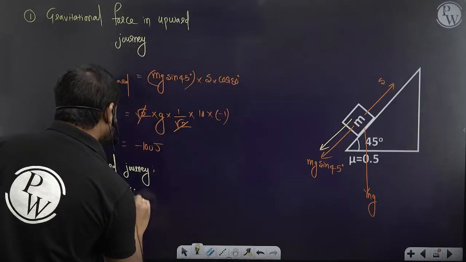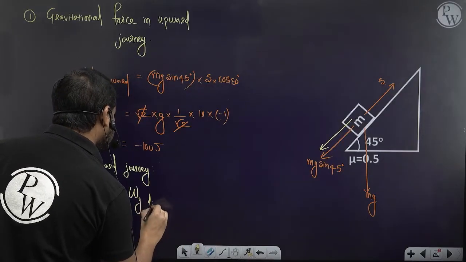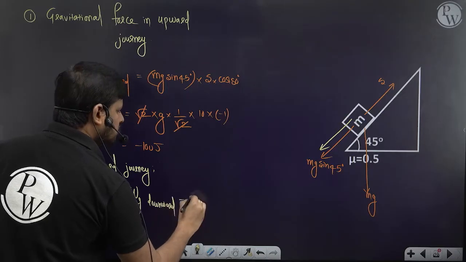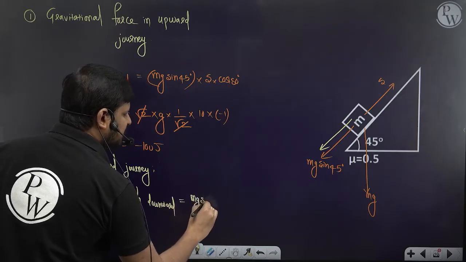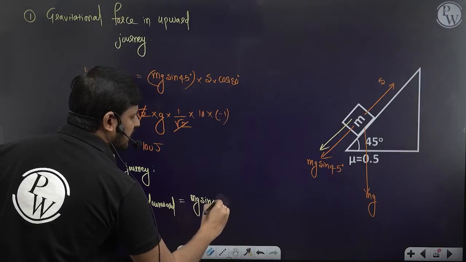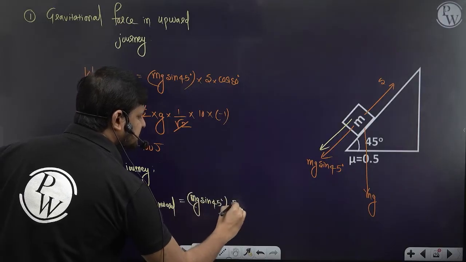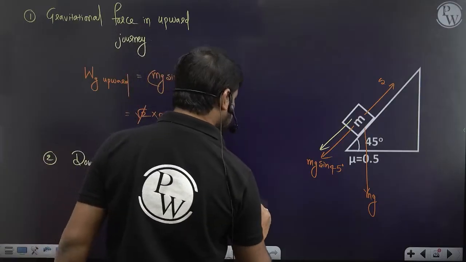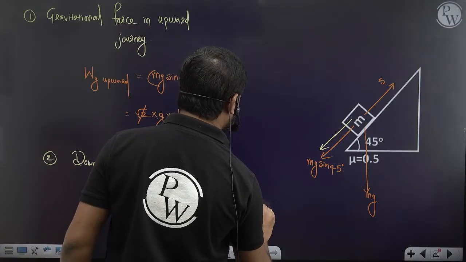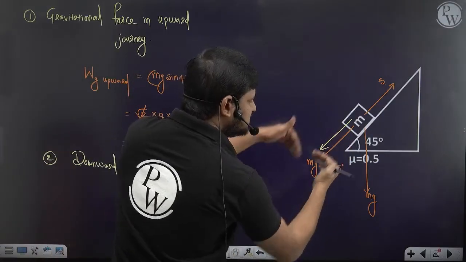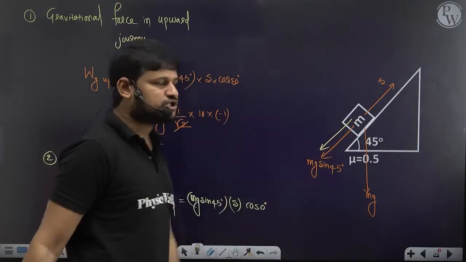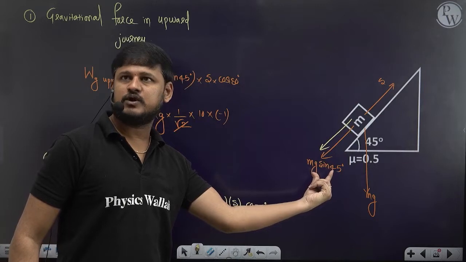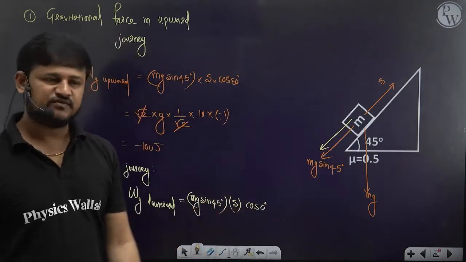So the work done by gravity in the downward direction will be equal to mg sin 45 is the force, and the displacement s is also downward, into cos 0, because the gravitational force component along the inclined plane is mg sin 45, right?